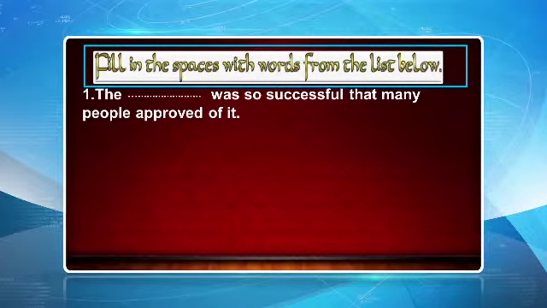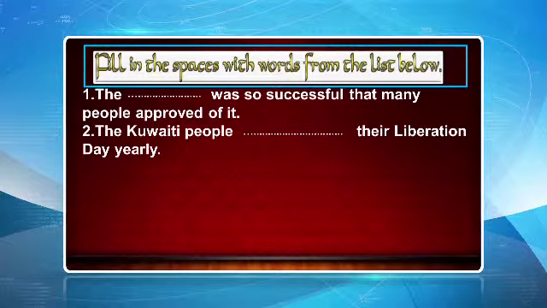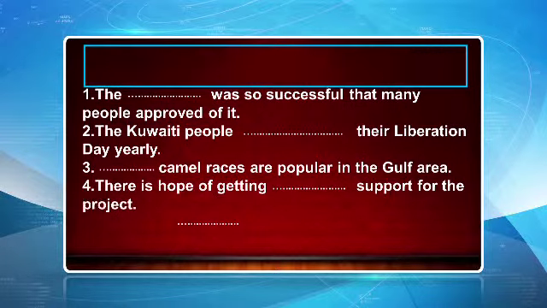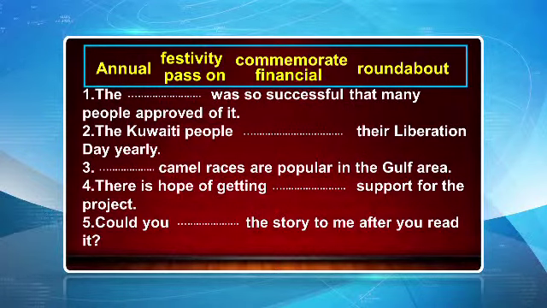Next, we are going to fill in the spaces with words from the list below. And these are the words annual, festivity, pass on, commemorate, financial, and roundabout. Choose the most appropriate word to answer each of these questions. Number 1, the blank was so successful that many people approved of it.